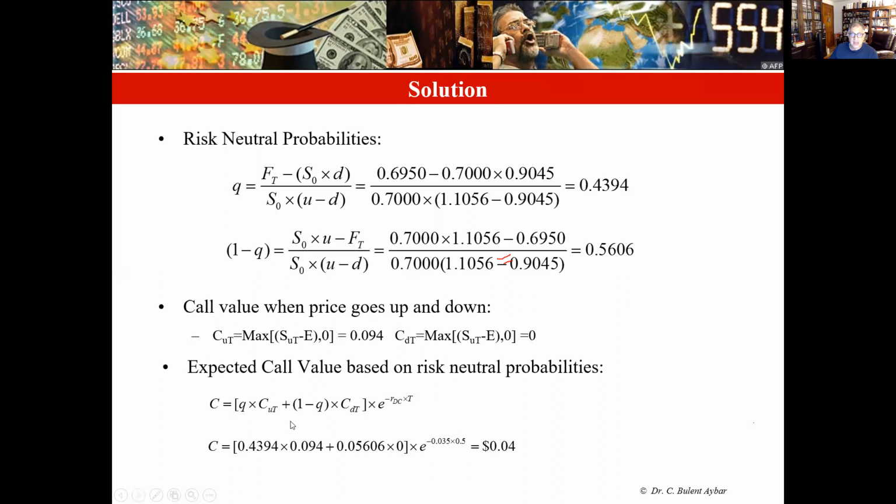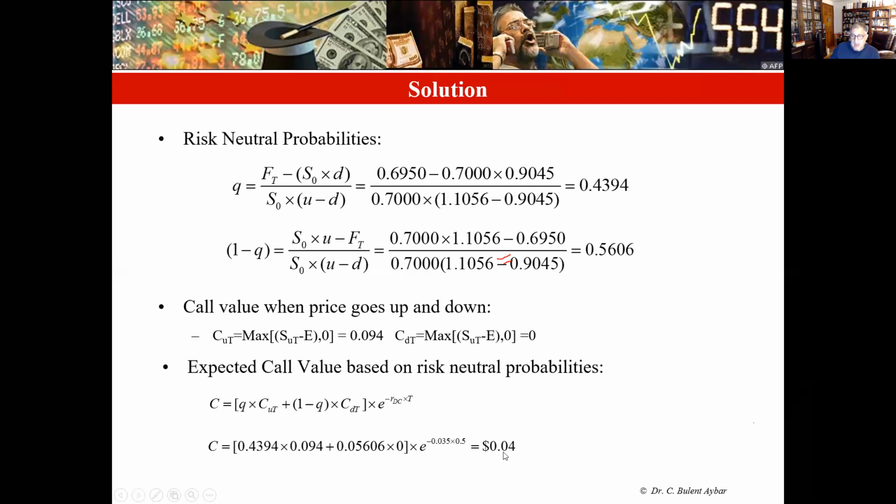When we plug in the numbers, 0.4394 times 0.094 plus zero, discounted, we get 0.04. When we use the Black and Scholes formula, which is much more accurate than this one, we got 3.51 cents. Here we got 4 cents.